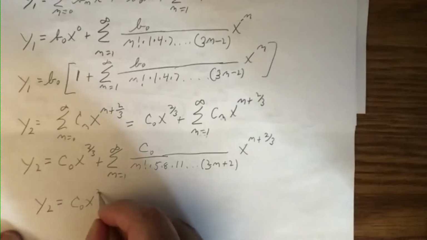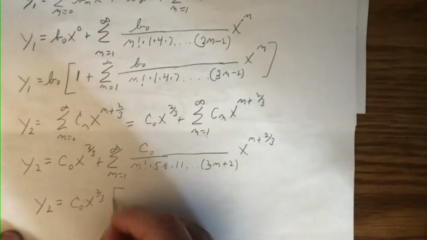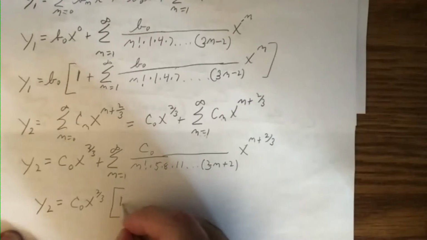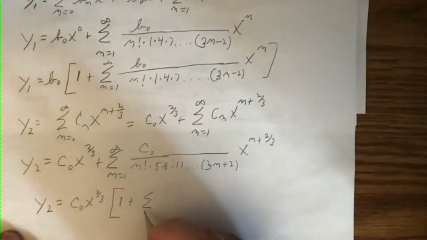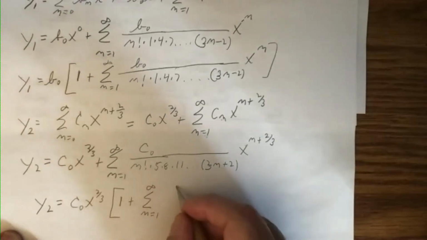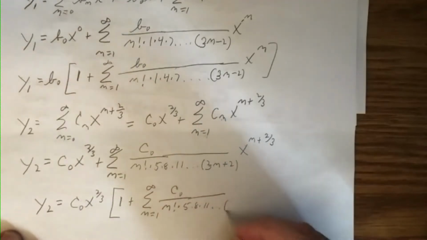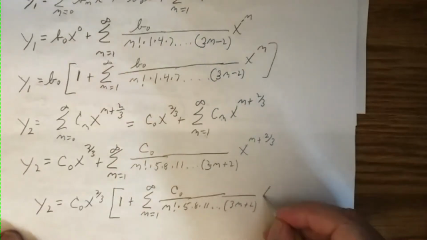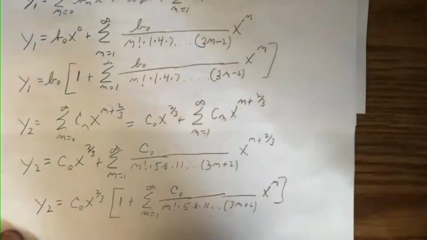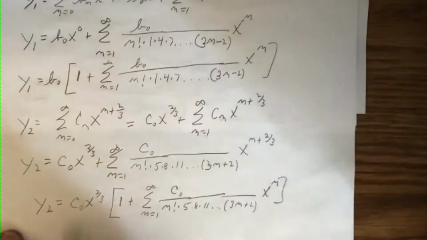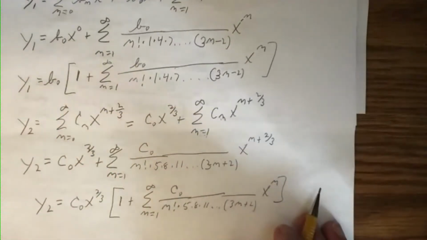This is x^(2/3), and then I wrote this as 1, bringing this through. And then this would just be x to the n, because now this is times this. So this is another way of writing it.